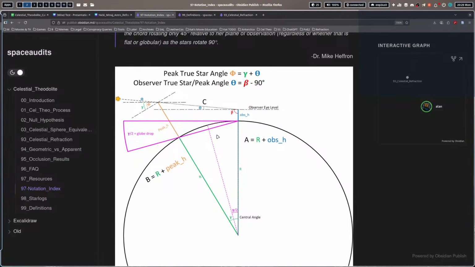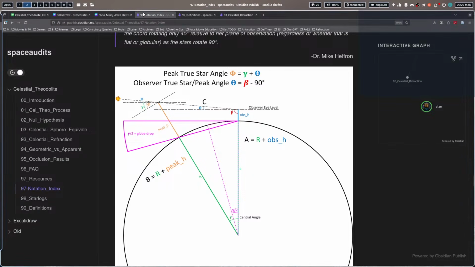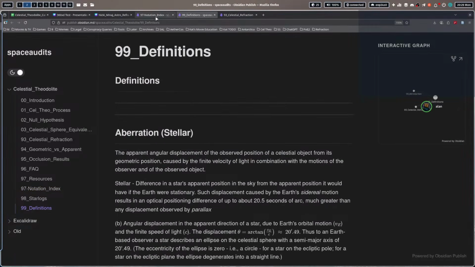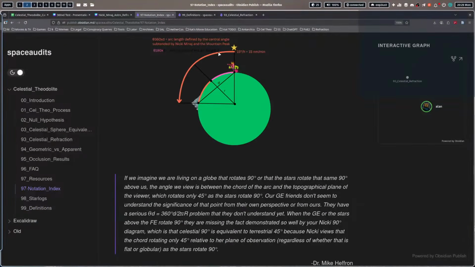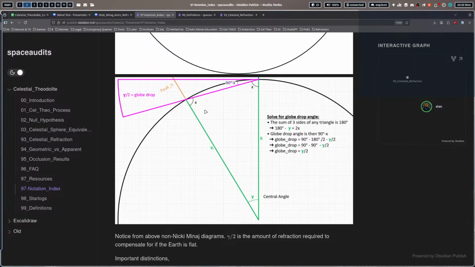But this is an extremely important factor because essentially, let's say hypothetically the Earth's a ball, you would be canceling out all of the drop over distance between you and whatever object is between you and the star every time, or double or triple compensating for it, and just saying, well, it's definitely a globe, but it just looks extra flat because of these refraction conditions, and it's all related to that in the math. So you can see why that geometrically works out as it being half the angle.